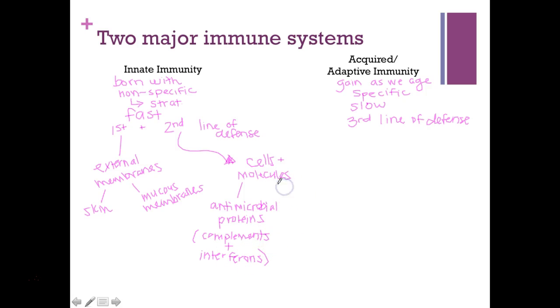Great. Other cells are going to be our phagocytes. We're going to talk about phagocytosis again. Some examples of our phagocytes are our neutrophils, our macrophages, and also our eosinophils, which can also serve as phagocytes sometimes.